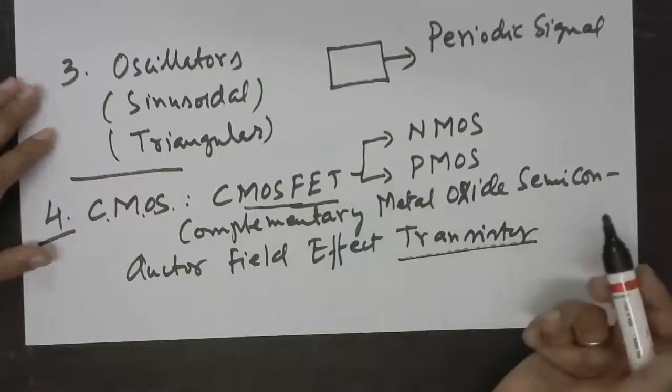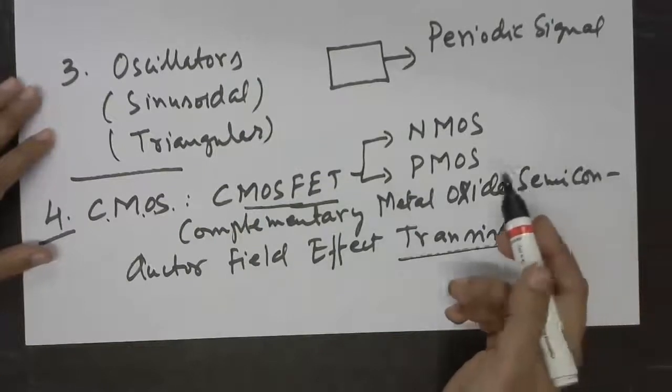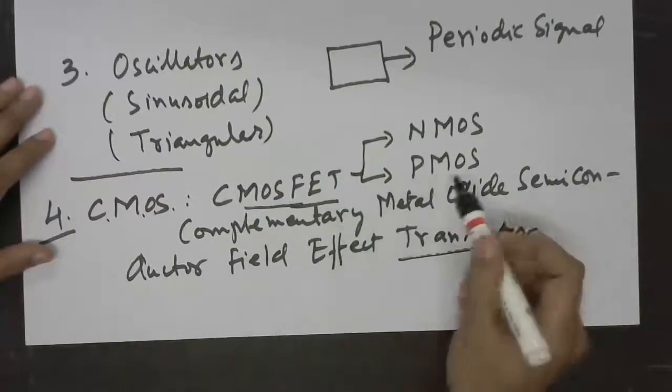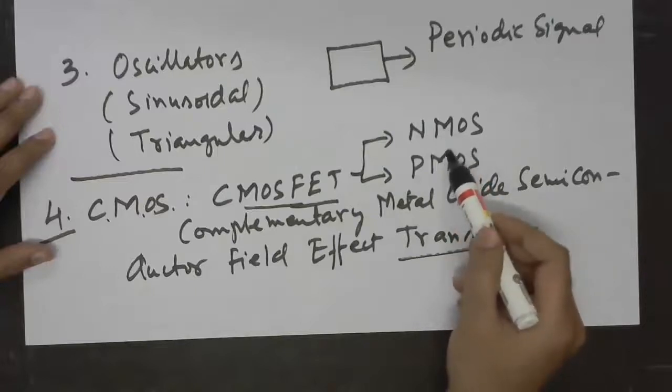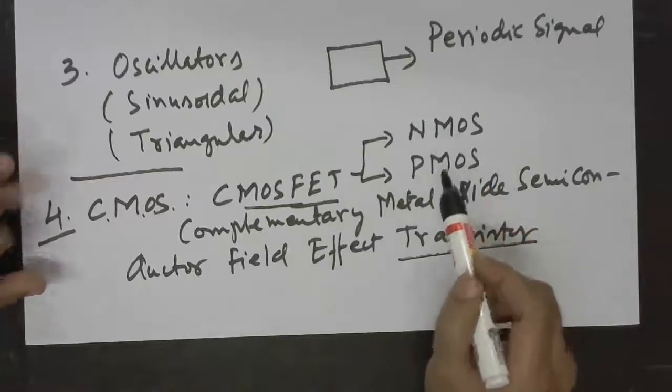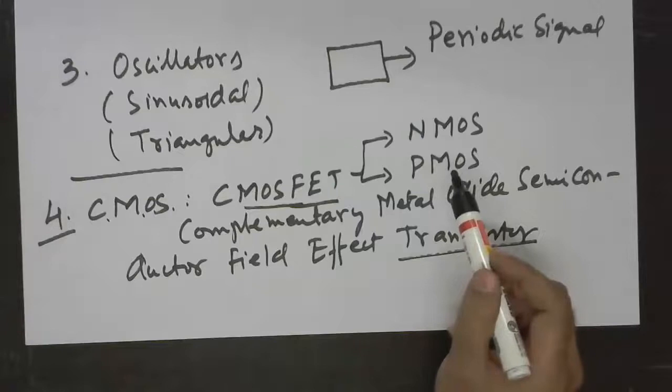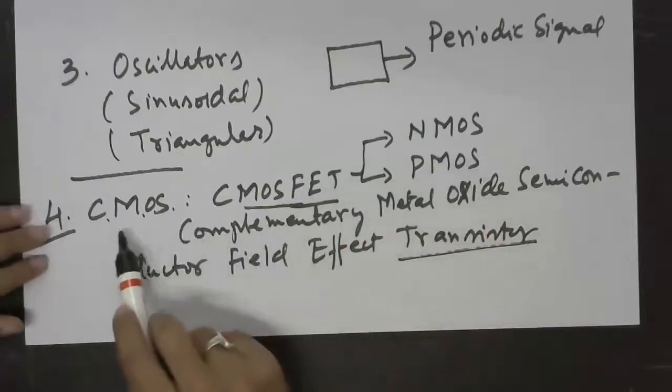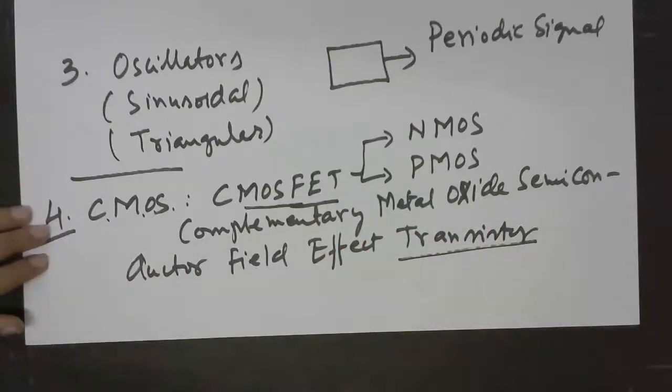And all the digital circuits are fabricated using both, they use both NMOS and PMOS simultaneously, and that is why those circuits are also called CMOS in short. And the fabrication technique is called CMOS technology. And the same technology, that means the same foundry or factory where digital circuits are fabricated, can also be used for fabricating analog circuits.